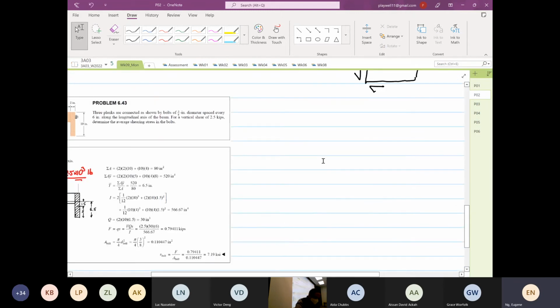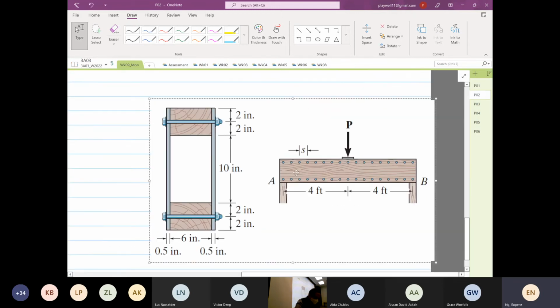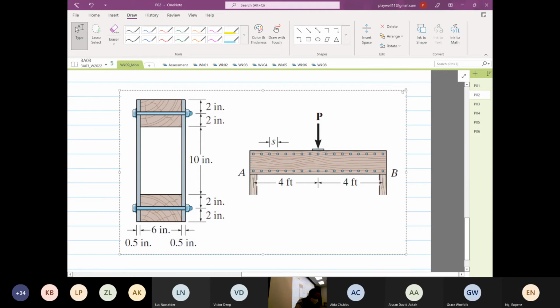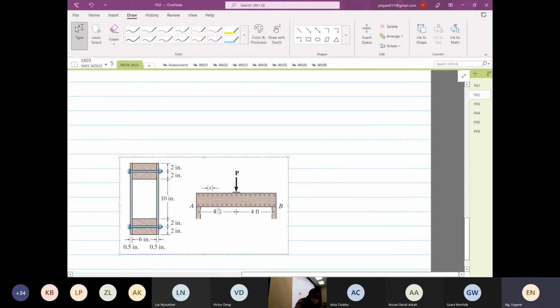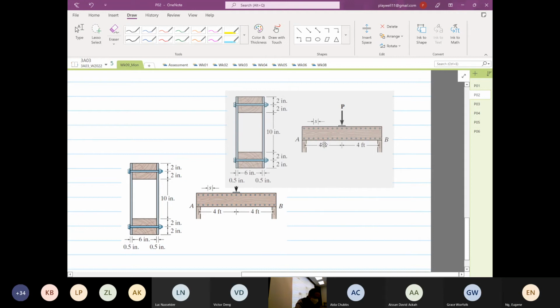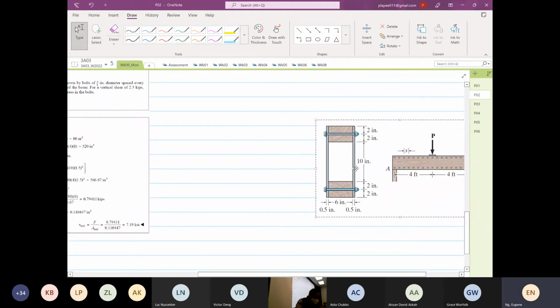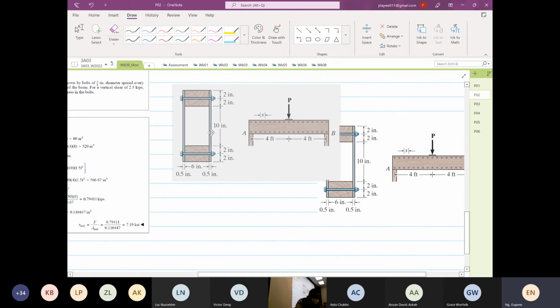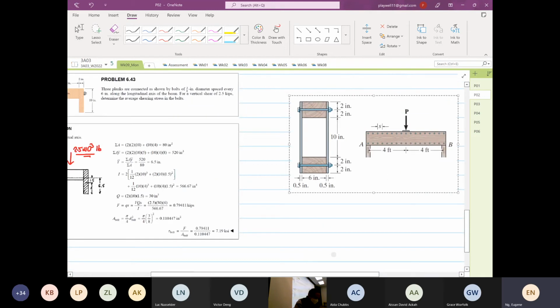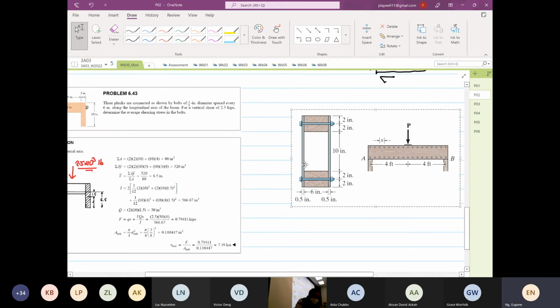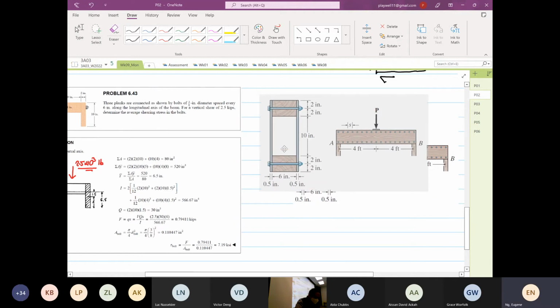If we look at this example over here, it is very similar, yes or no? If you look at left and right, it is so similar.